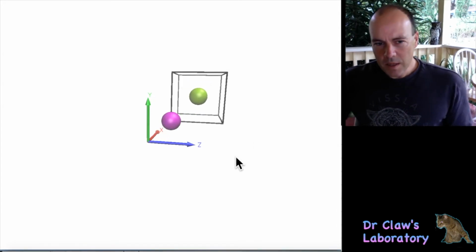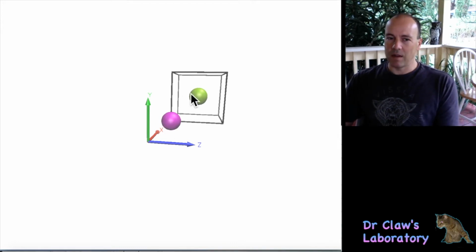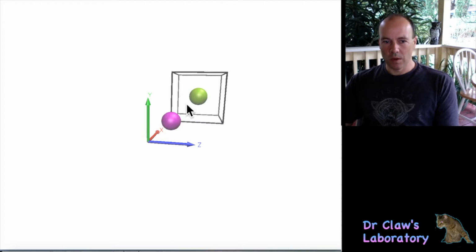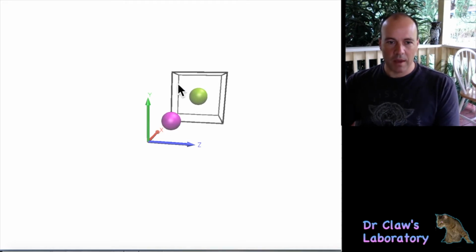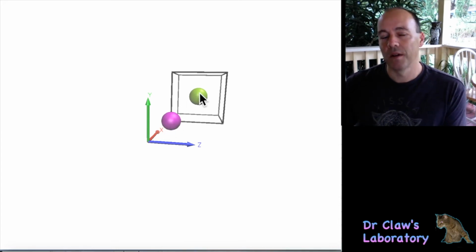Now, cesium is a fairly large cation, and I'm not actually sure which one would be bigger, cesium or chloride, and so I'm just going to draw both of them kind of smaller than they might look on the atomic scale, okay, not contacting each other.